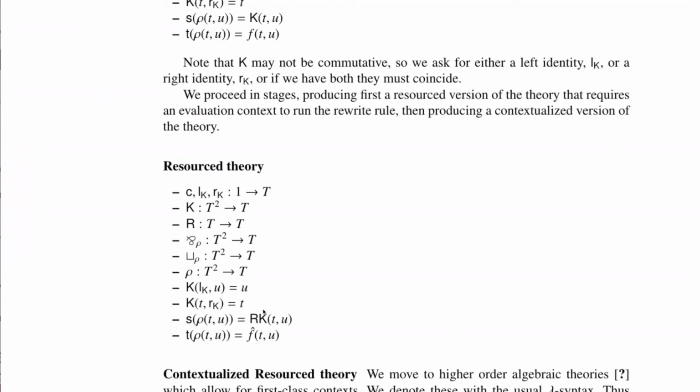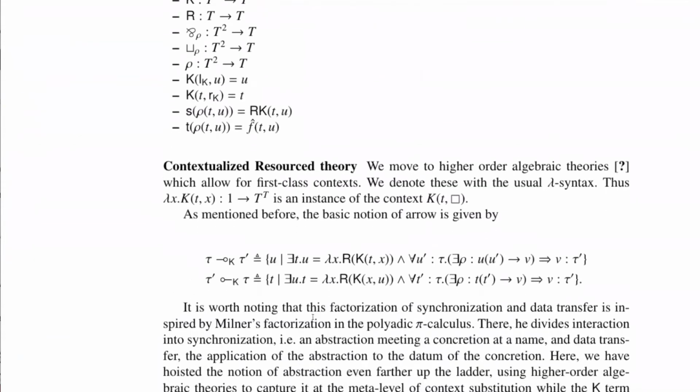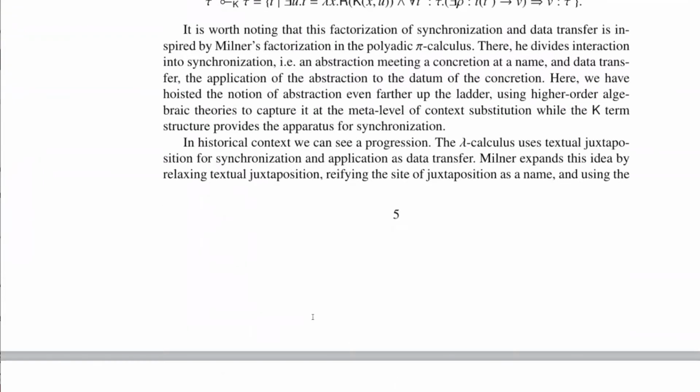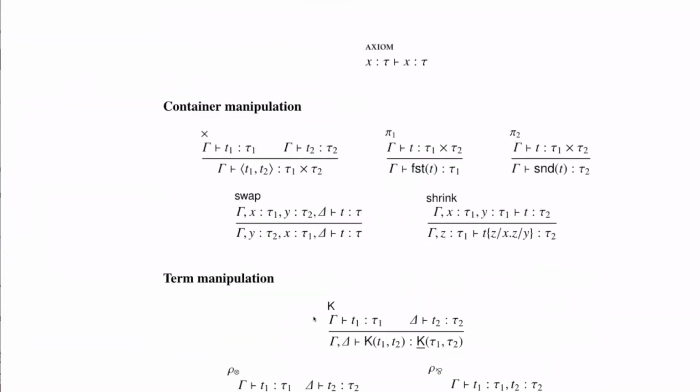So now we know that inside a K, we have a T and a U, and we'd like to be able to get them out. The way we get them out is via cuts.